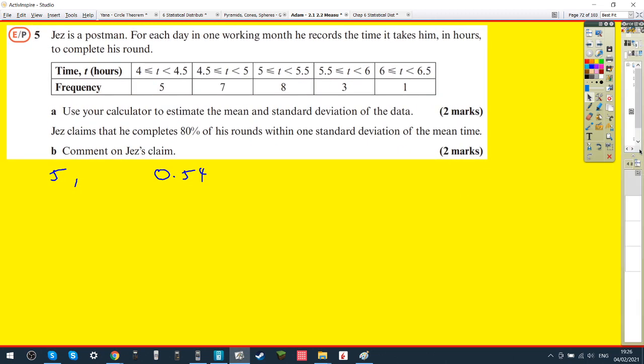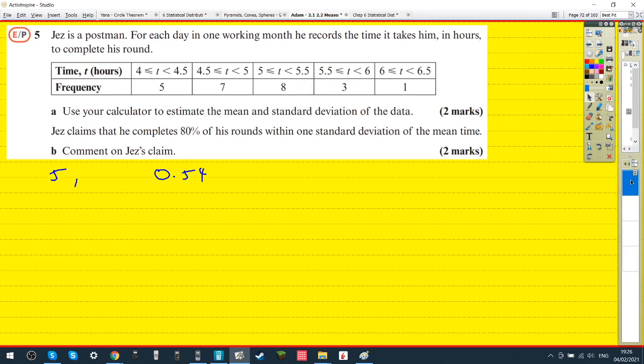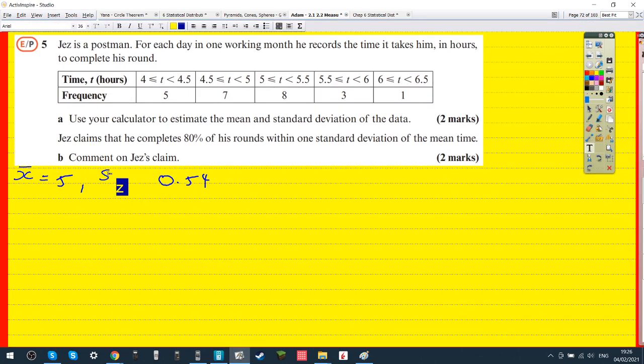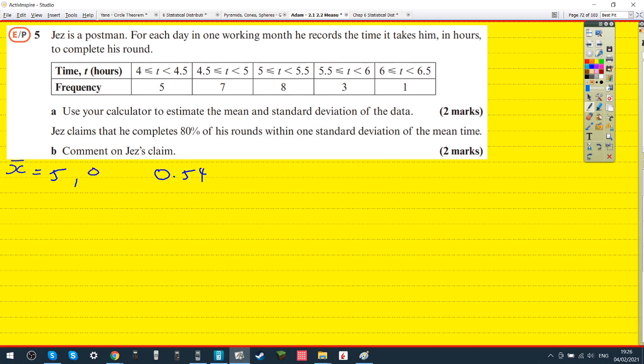Part B. Wait, so am I supposed to say if it's right or wrong?